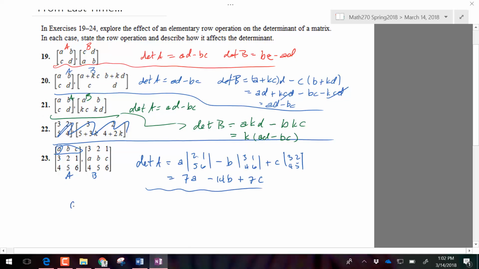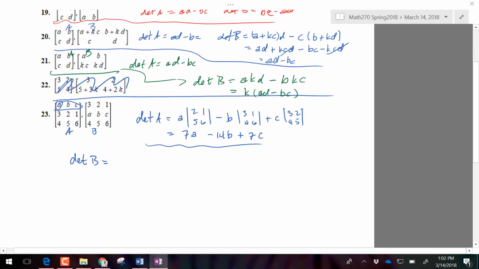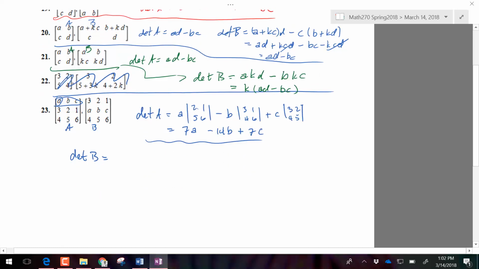Let's take a look at the determinant of B and see if there will be a change or not. We can expand on any row we want. Let's expand on the second row. Notice that with the pluses and minuses, we start with a plus in the upper left-hand corner, and any time we make a move, we change a sign.